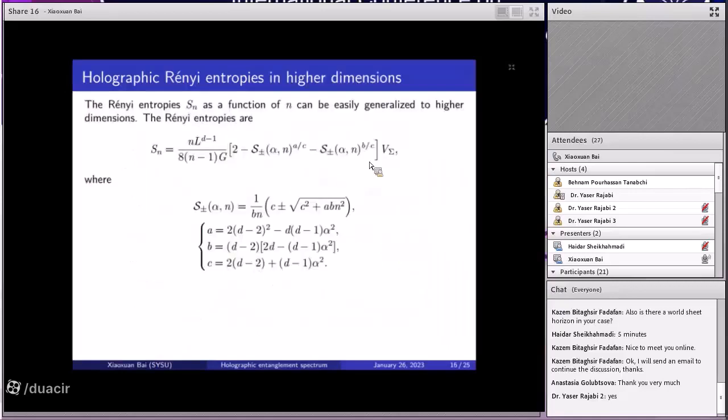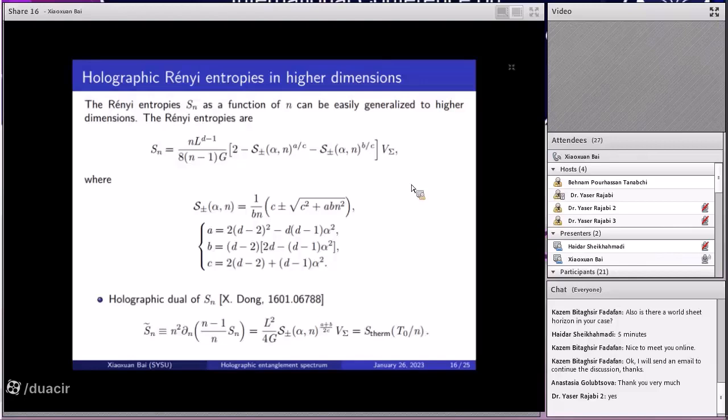And in higher dimensions, the Rényi entropy as a function of n can be easily generalized, but it's okay to ignore the details here. An interesting fact I want to talk about is the holographic dual of the Rényi entropy. By this, I mean the Rényi entropy also has an area law like the Ryu-Takayanagi formula, but the area is for a cosmic brane.